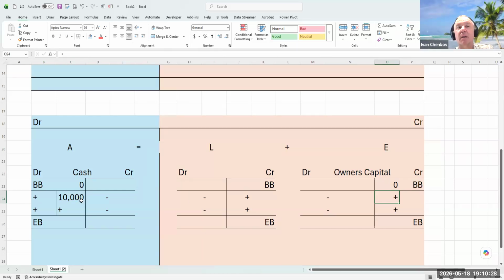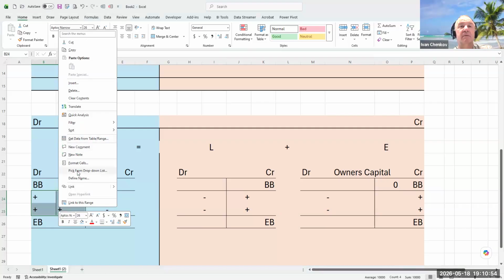Now, in order to be in balance, if here it's on the debit, that one has to go on the credit side. Because one thing that you have to know about accounts is debit always has to be equal to the credit. Same thing with the accounting equation. Left side has to be equal to the right side.